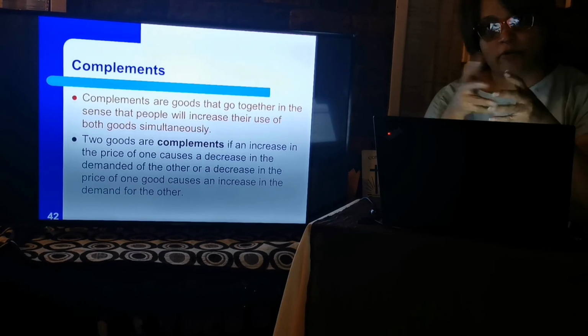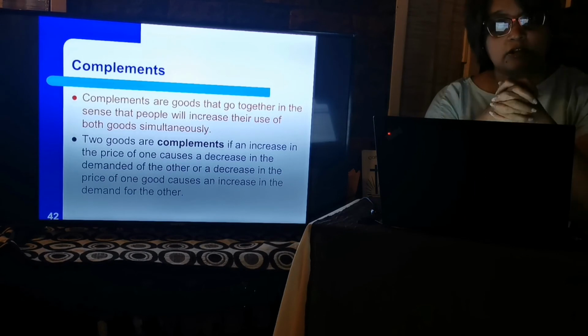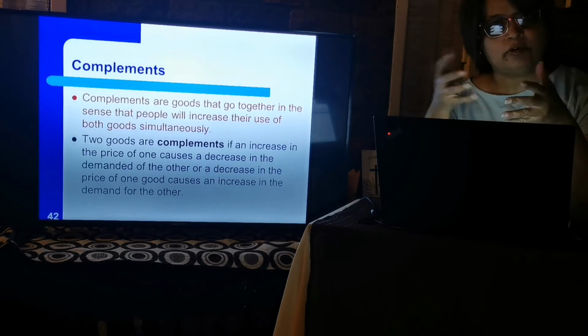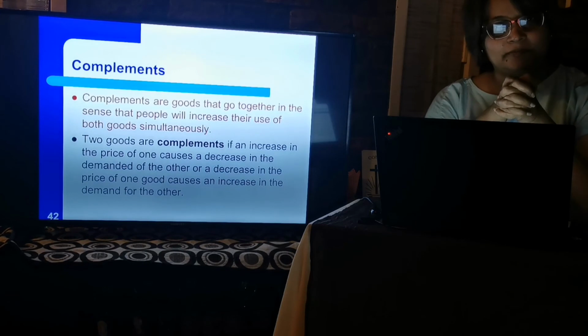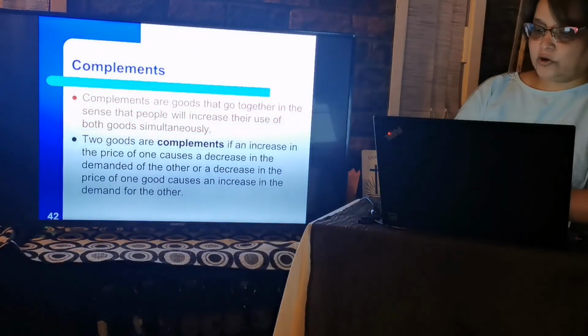You can't drive a car without the tires. A shirt and a tie go together if it's a formal tie, a formal shirt, etc. And so we can go on, like coffee and donuts. I don't like to drink my coffee without having a donut. Coffee and creamer, etc. Complement goods are goods that go together.